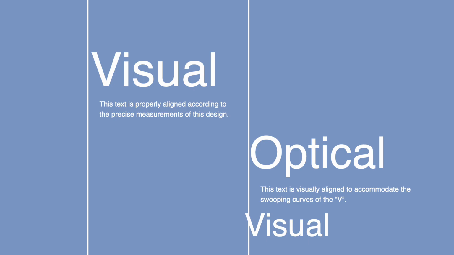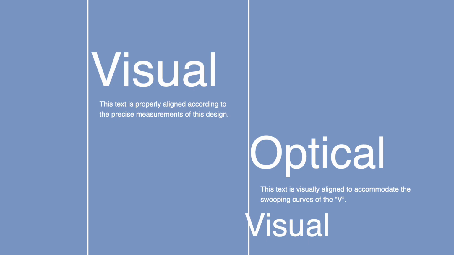Visual or optical alignment occurs when something looks properly aligned, but may not necessarily be properly aligned according to the precise measurements of your design. It might look aligned to your eye, but in relation to the design itself, it is not going to be aligned as far as the mathematics or the precise measurements of the design.